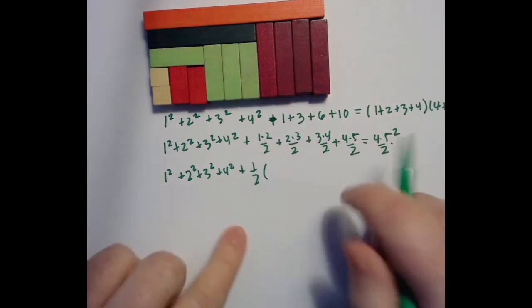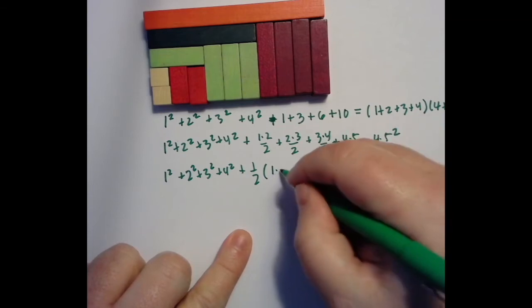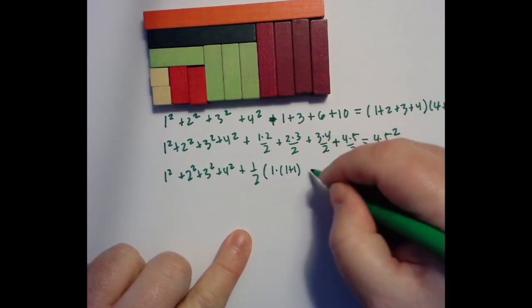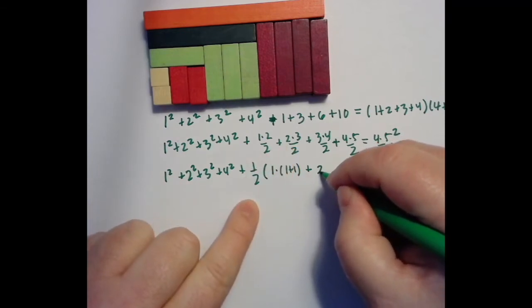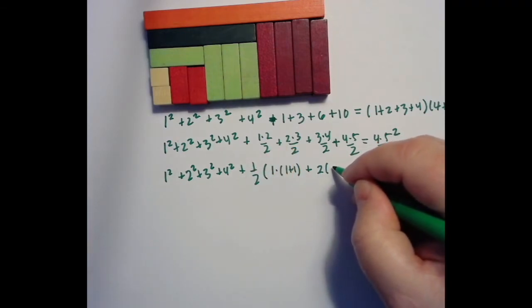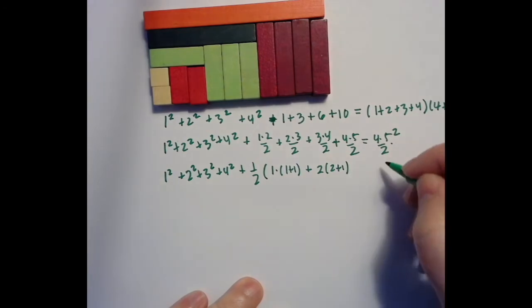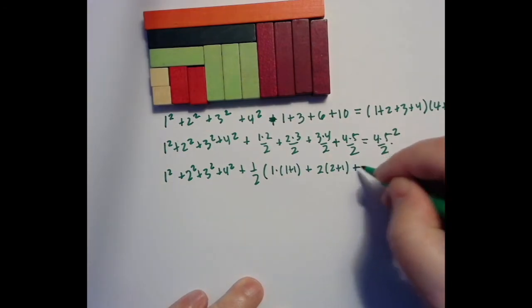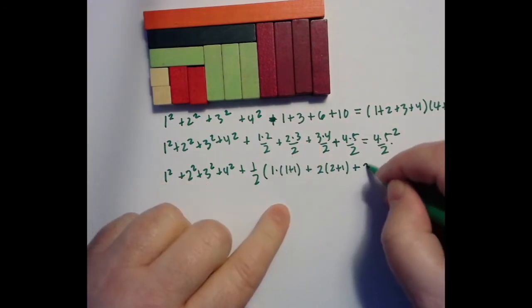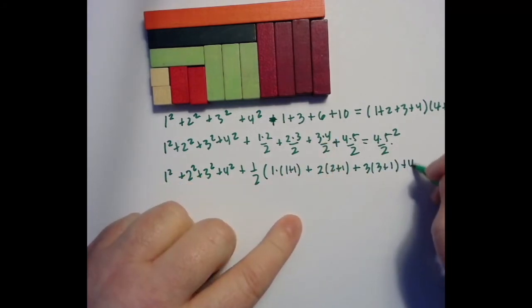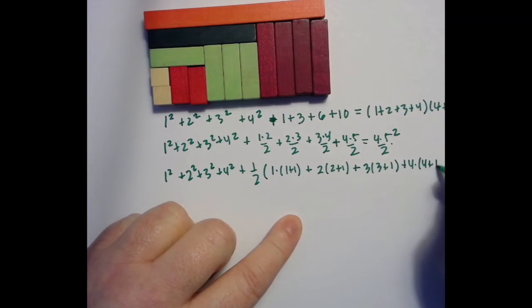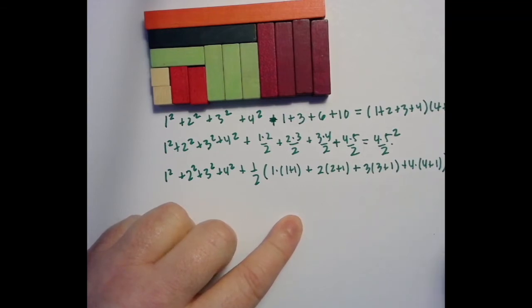I'm left with 1 times 1 plus 1, plus 2 times 2 plus 1, plus 3 times 3 plus 1, plus 4 times 4 plus 1, equals, and nothing's changed over here.